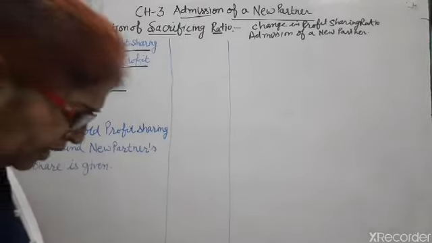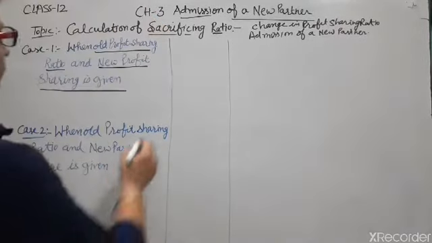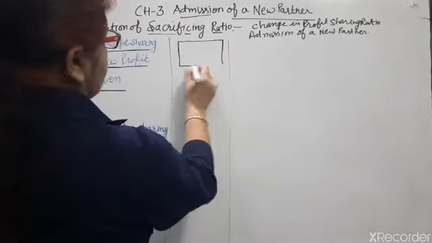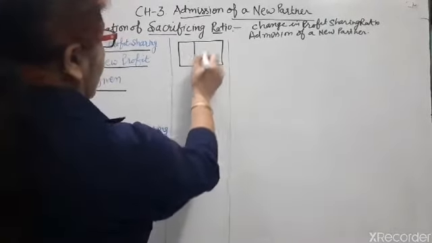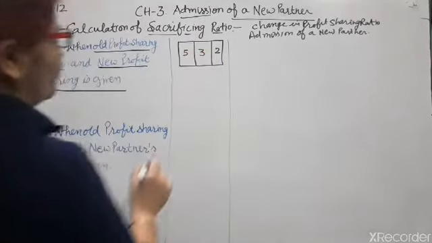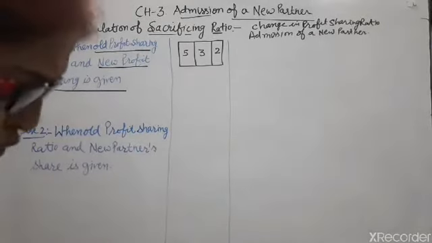For example, A, B and C are partners. They distribute their share in 5:3:2.